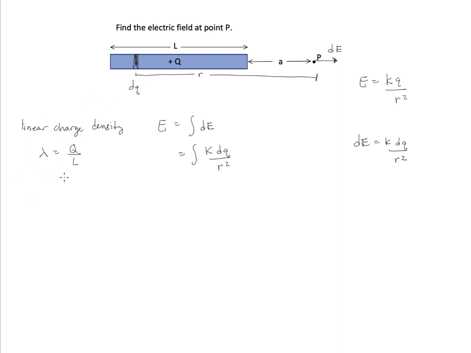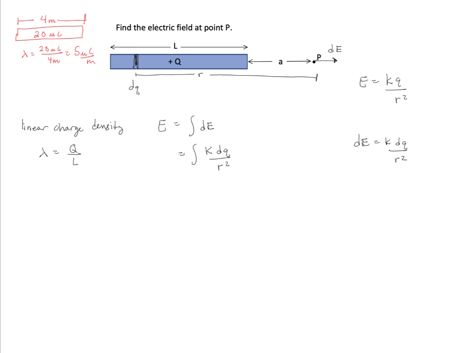So before we think too abstractly about linear charge density, I'm just going to give us a tangible example. Here we have a bar of charge 20 microcoulombs, and let's say the bar has a length of 4 meters. The linear charge density of this bar would just be Q over L, so that's 20 microcoulombs divided by 4 meters, which is 5 microcoulombs per meter.